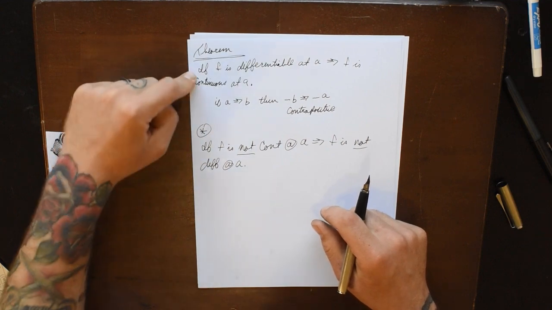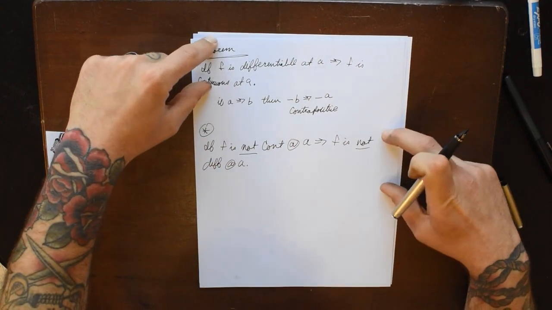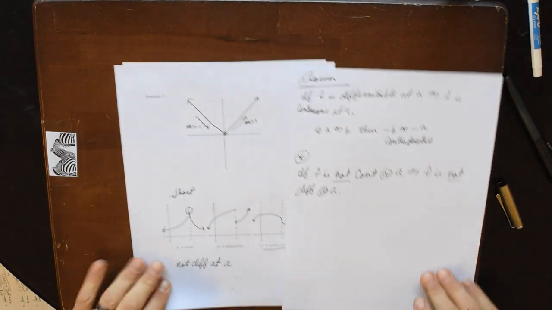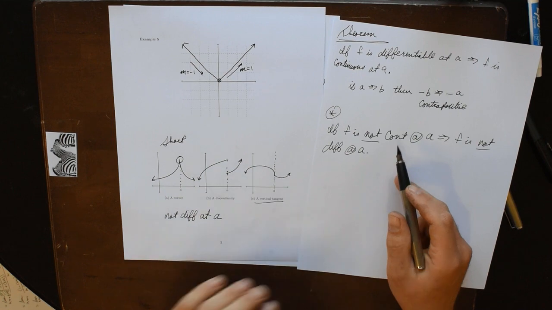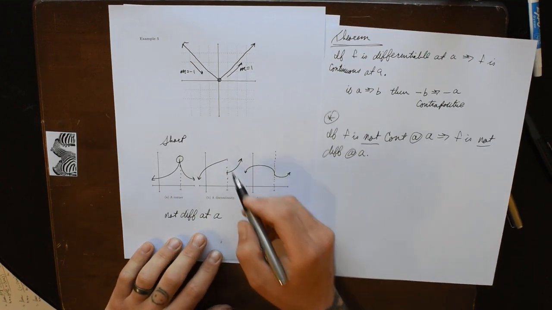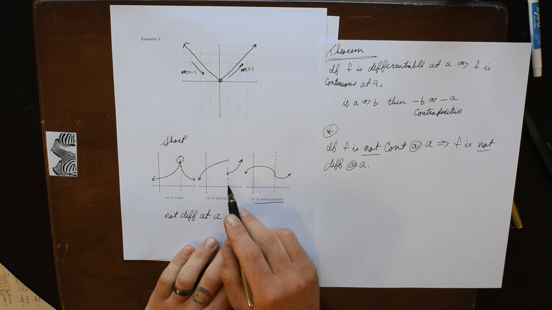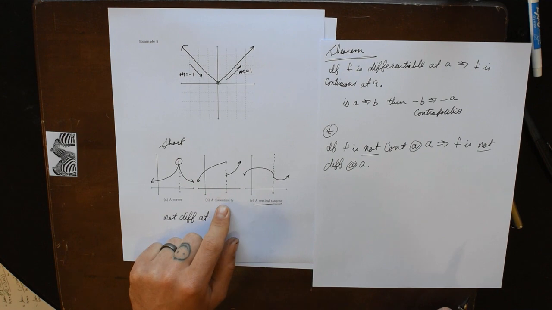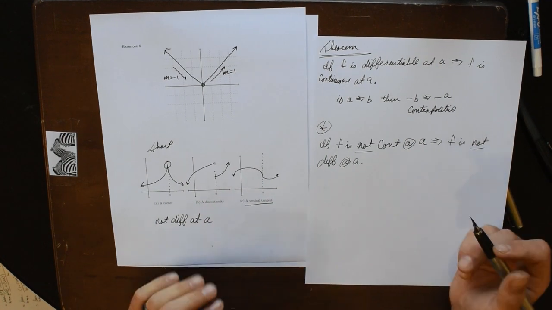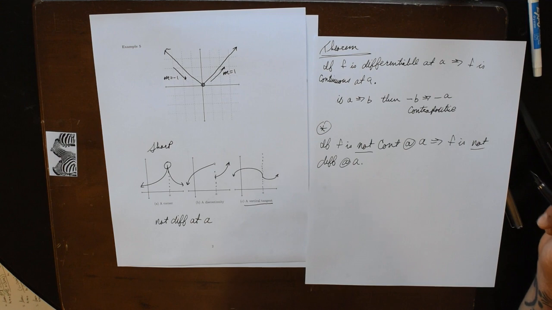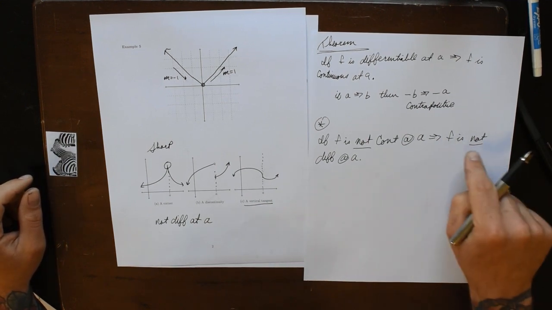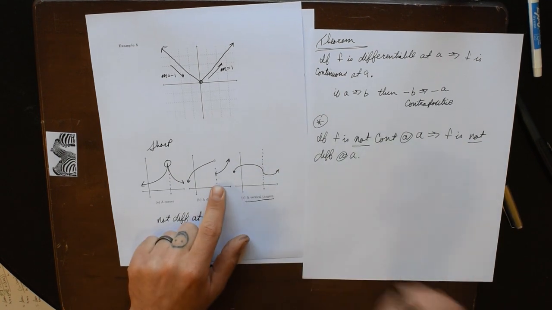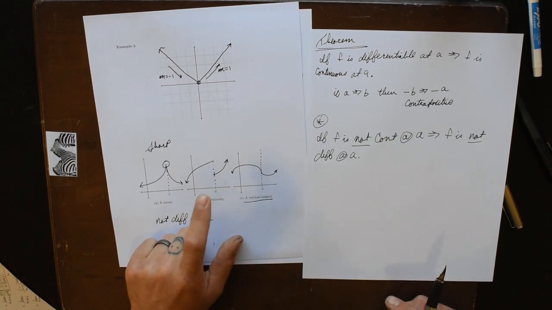We derived this logically from this, so these two have equivalent results, and this one's a lot easier to work with, so let's work with the easy one. If f is not continuous, well, right here, we can see that f is not going to be continuous. If f is not continuous at A, then we automatically know it's not going to be differentiable at A. Say that again. If f is not continuous at a point, then f is not differentiable at that point. So that kind of gives rise to the reason why we're not differentiable at this point A.